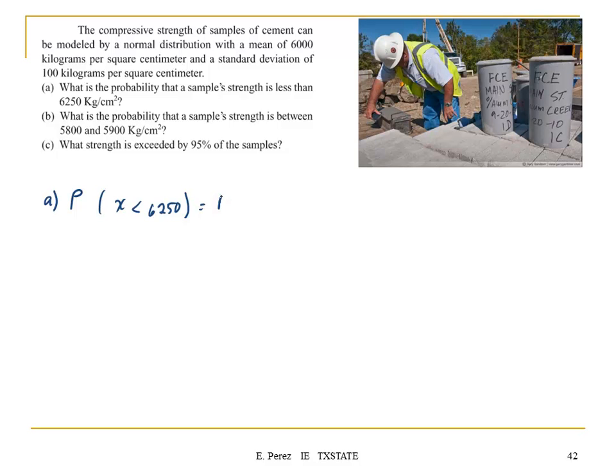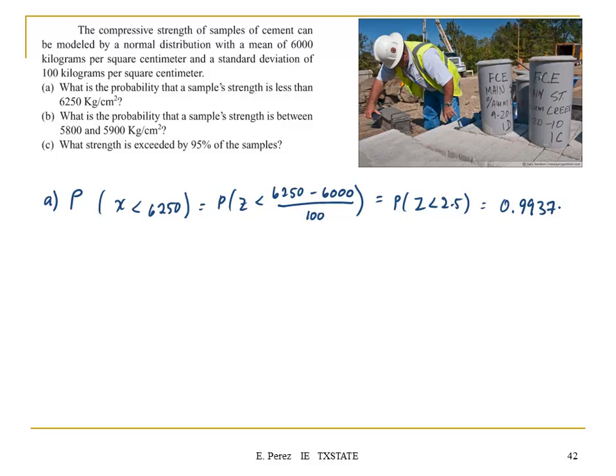So if you do the transformation for the normal, you get Z less than 6,250 minus 6,000 divided by the standard deviation, which is 100. So this is equal to the probability of Z being less than 2.5. So this is 0.9937. Questions? So that one was easy.